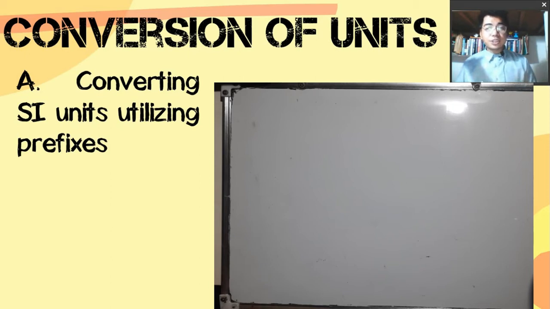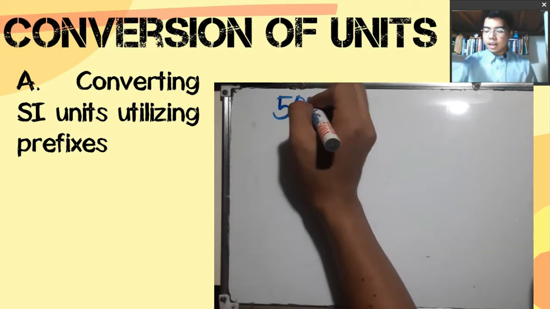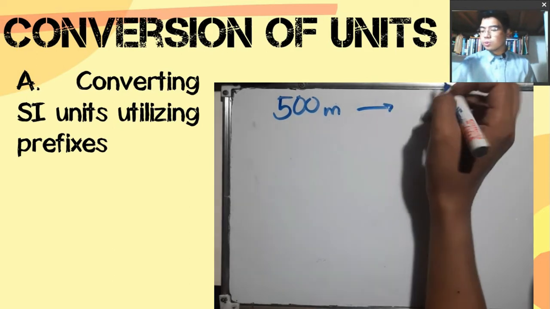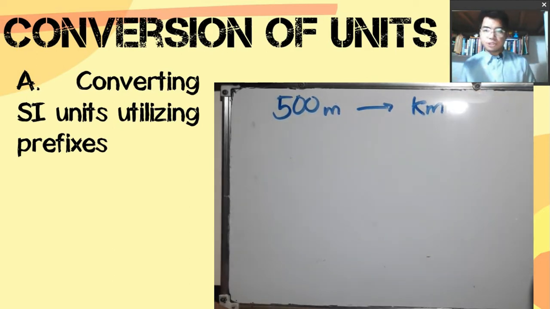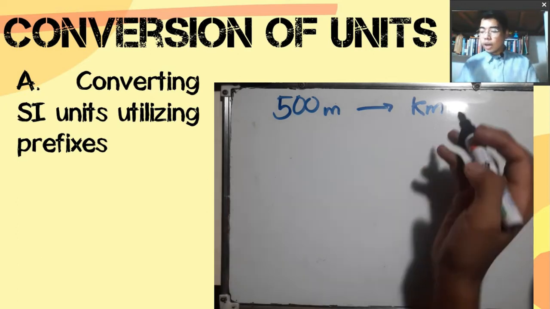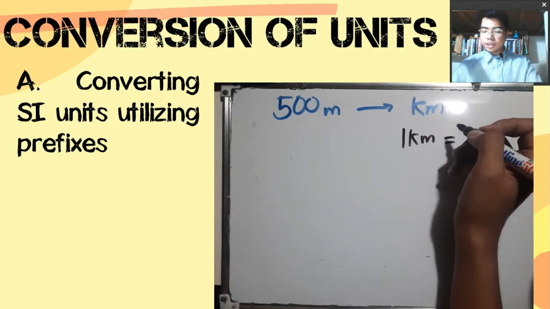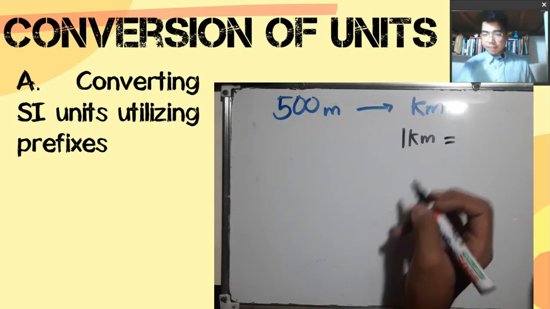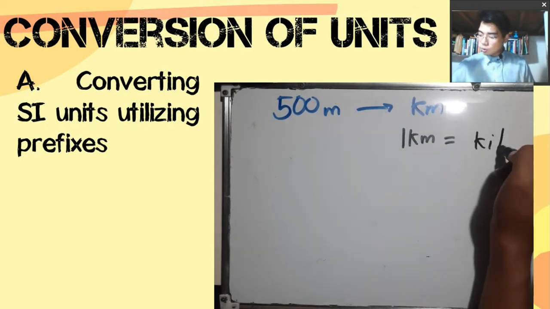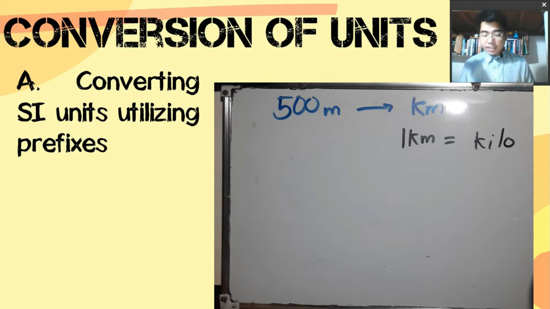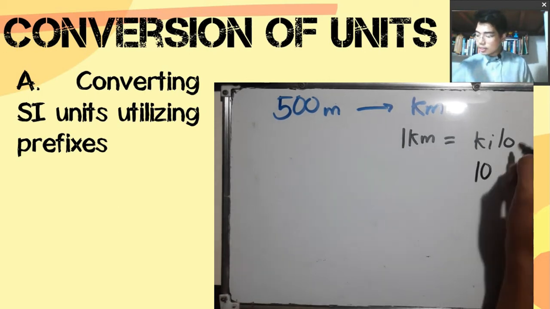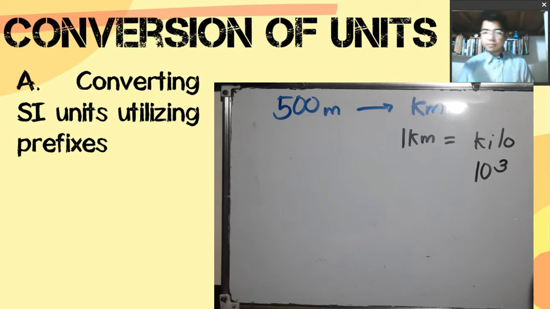Let's consider conversion of different units. Let's have letter A, sample number 1. How are we going to convert 500 meters to kilometers? We use the conversion factor that 1 kilometer has the prefix kilo, and the prefix kilo is equivalent to 10 raised to 3.